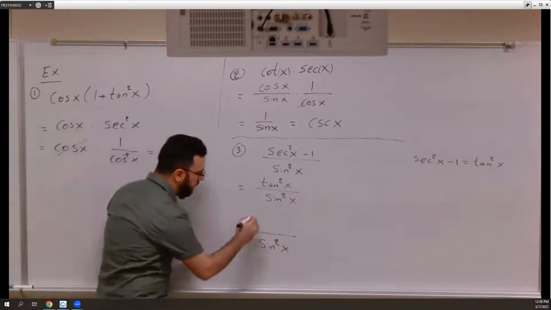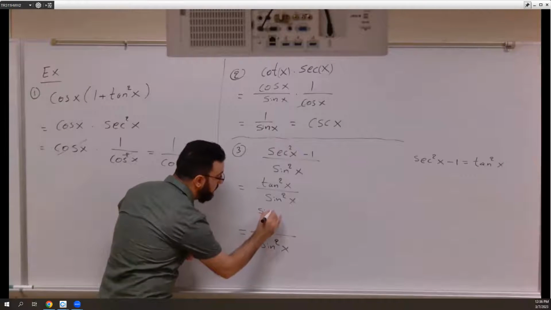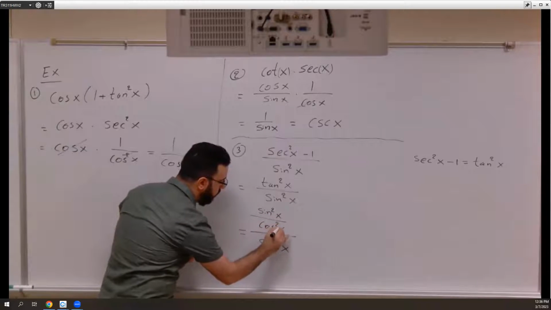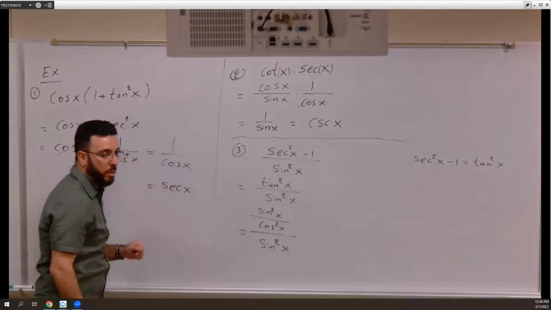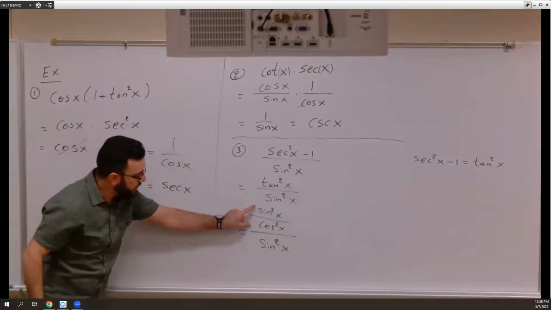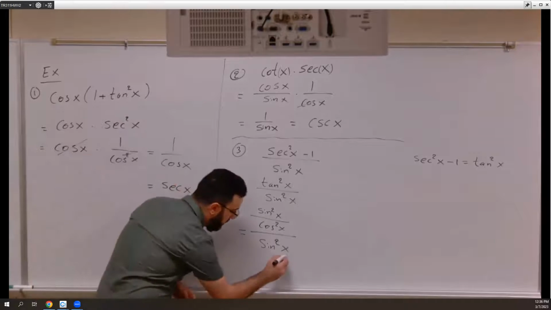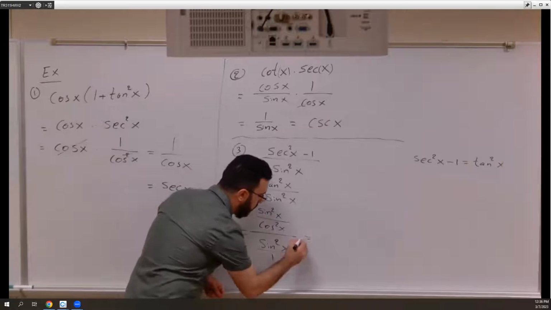Tangent equal what? Fine. Sine square x over cosine square x. Yes or no? Now I'm going to write down this and take the reciprocal for the bottom part. Yes or no? That means this is over 1. So this one is going to be equal.